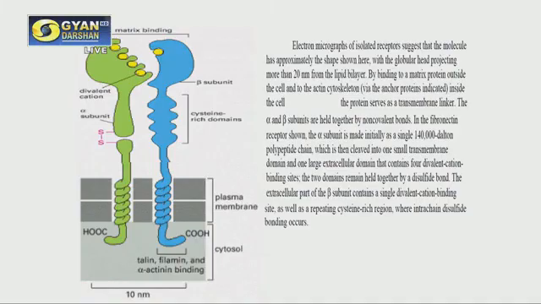Now, what is the structure of this integrin? Integrin actually consists of two components, head and tail portion. The head portion, as you can see, is outside, and the tail portion is present within the cell.